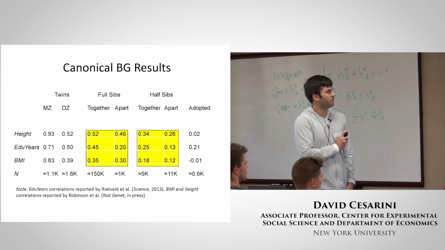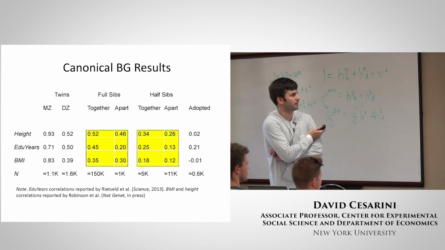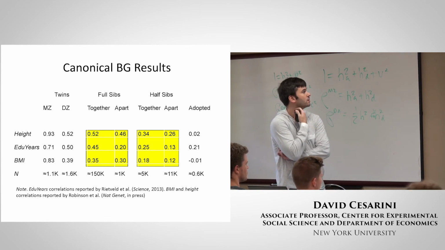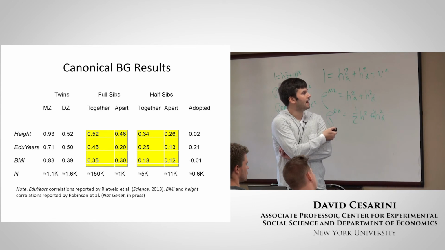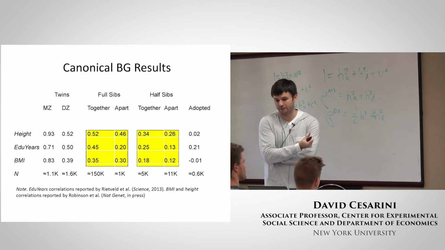I want two take-home messages from these data. I'll show them in the tables. Okay. So the first is that as the degree of genetic relatedness decreases, the phenotypic similarity decreases.